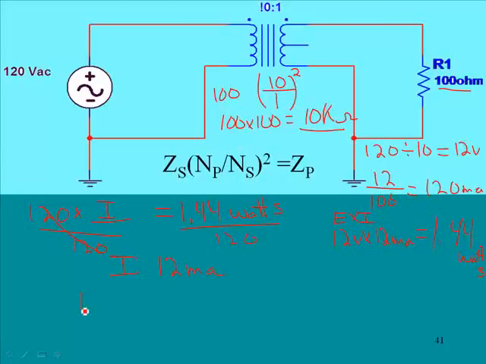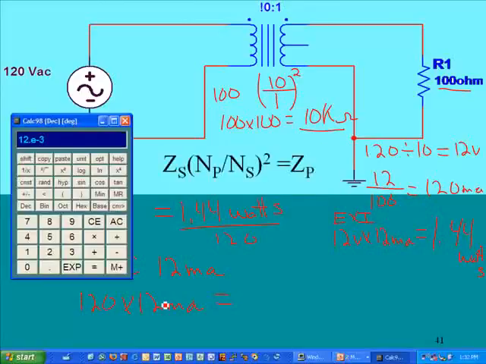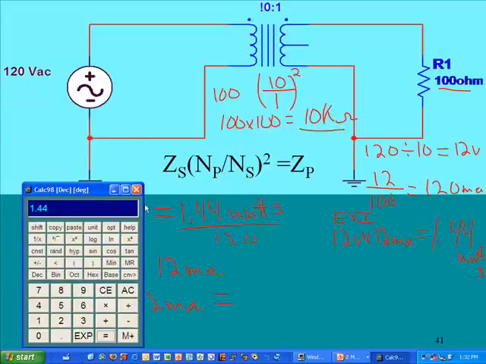So we could say 120 times 12 milliamps, and let's see what that is. Here we already have 12 milliamps on the screen, times 120 volts, and we'll see that that equals 1.44, and that was our original power calculation.